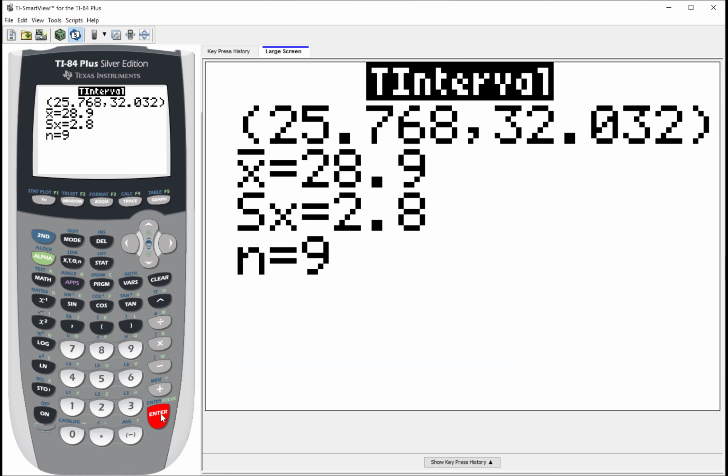And let's round to 2 places. So my confidence interval is 25.77 to 32.03. So you see my confidence interval in parentheses right on top.